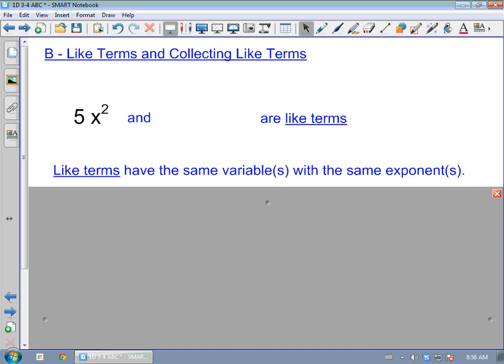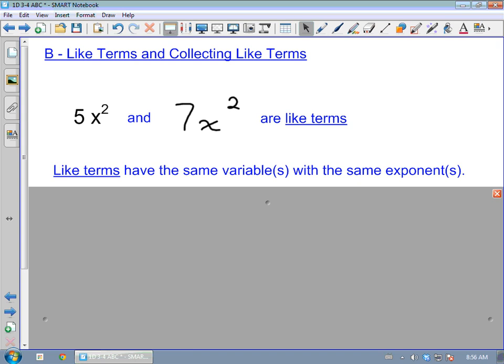So if we have something like 5x squared, this is a term, something like 7x squared, okay, would be a like term with it. So we could say that 5x squared and 7x squared are like terms. What is the definition of like terms? Well, like terms have the same variables.